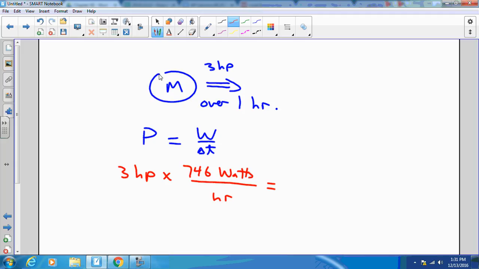Eventually, I'll just write it as a W. But for now, as you're still getting used to it, I'll write out the word watts. And so that turns out to be 2,238 watts of power, about 2 kilowatts of power. And the delta T that we're talking about is 1 hour, but of course we're going to need to think about that in terms of seconds.